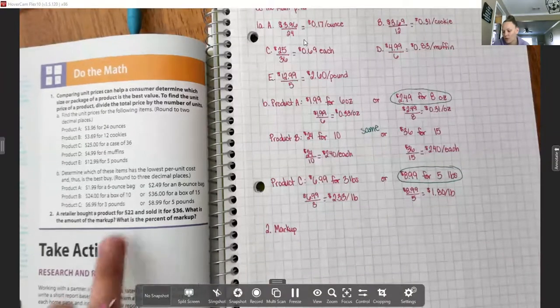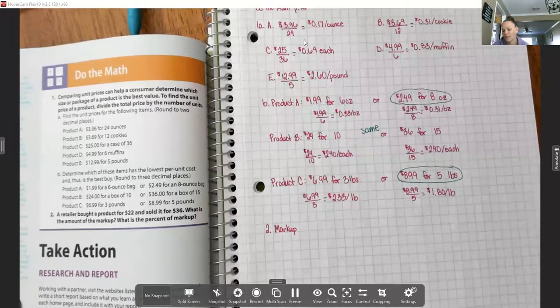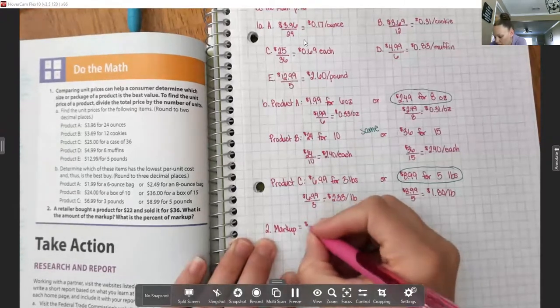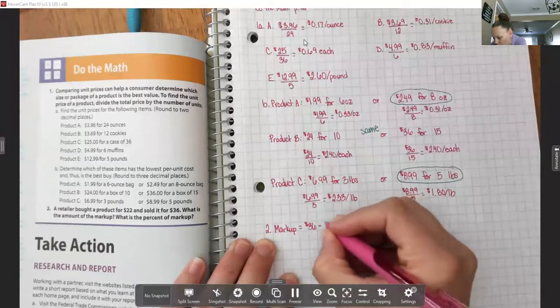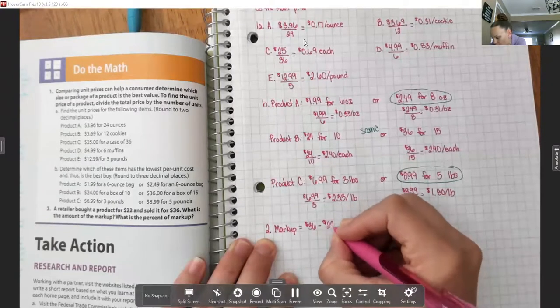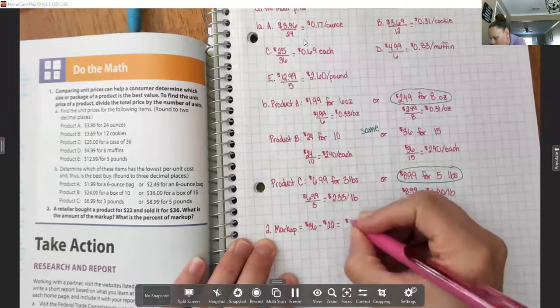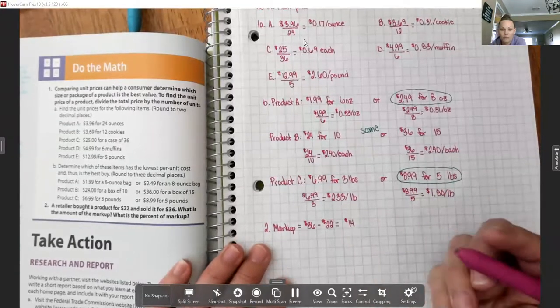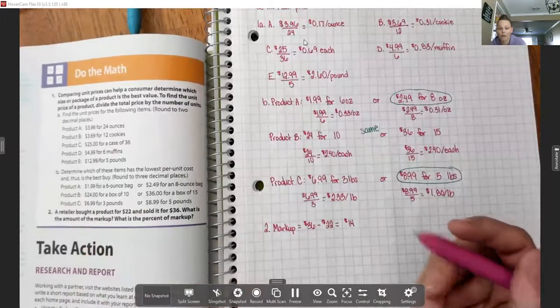If they bought it for $22 and sold it for $36, how much did they increase the price? So the markup here, we do $36 that they're selling it for minus the $22 that they bought it for, which is going to be a $14 markup. So that's the amount of the markup.